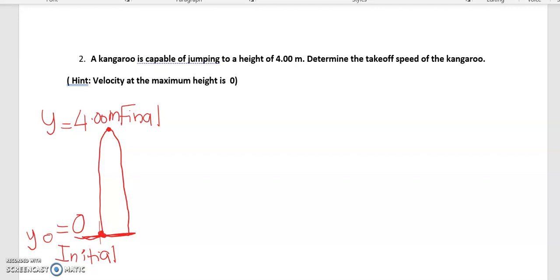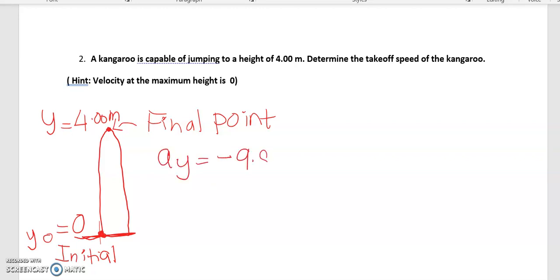And the acceleration, in this case, this is also a free fall problem. So whenever we talk about a free fall problem, we know that the acceleration ay is equal to negative 9.8 meters per second squared. Why? Because we take up as positive y.